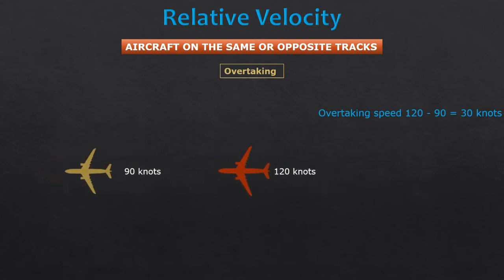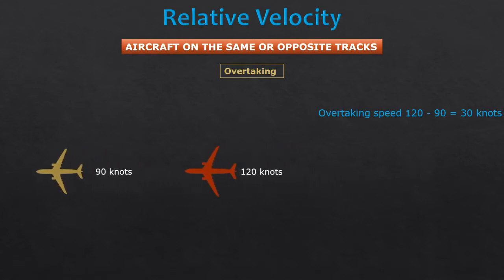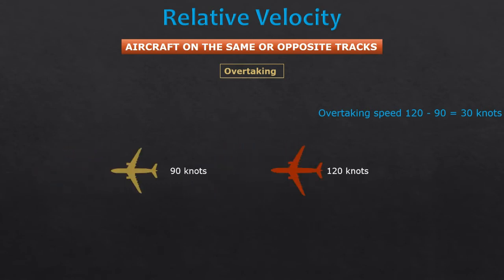To make it very simple, if both aircraft are 30 nautical miles from each other, then the 120 knots aircraft can overtake the other aircraft in just 1 hour. So the overtaking speed is just 120 minus 90, that is 30 knots.